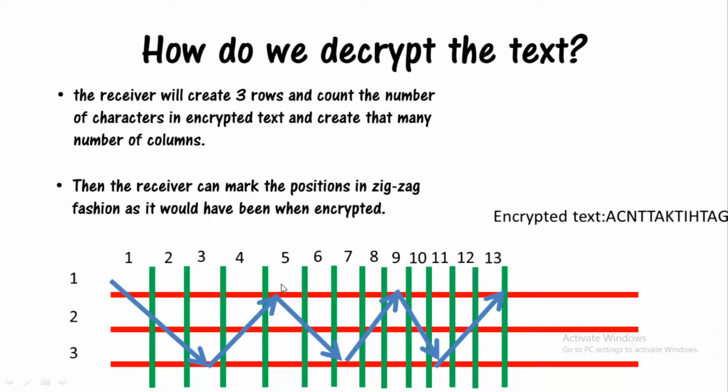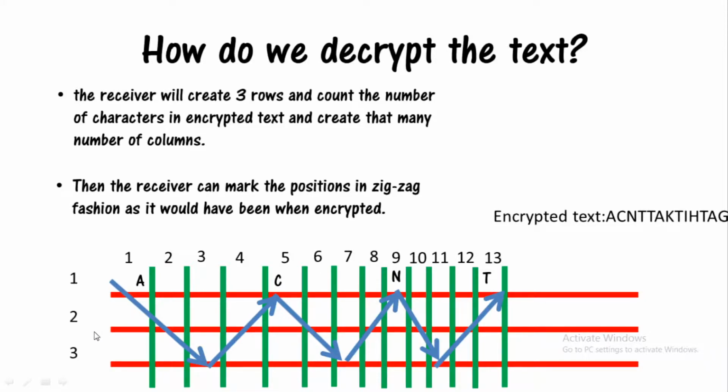Now we insert our text row wise. In the first row we insert the first letter, A. Then in the next position we insert C, then the next position N, and the final position in the first row is T.